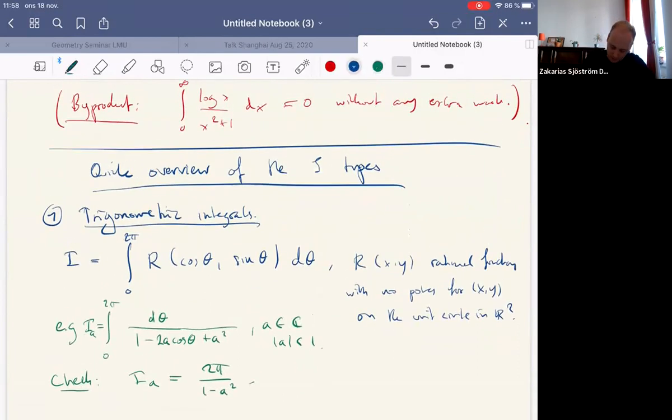And the trick to do this kind of integral is to make a substitution. z is e to the i theta, such that cosine theta is 1/2 (z plus 1 over z), and sine theta is equal to 1 over 2i (z minus 1 over z).